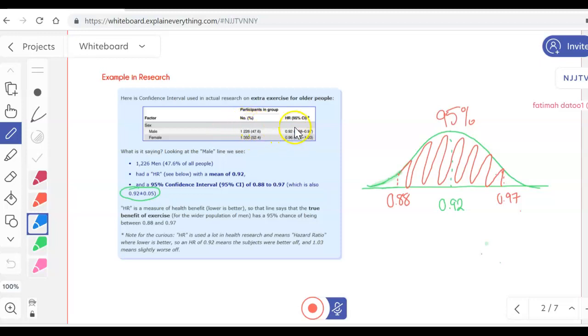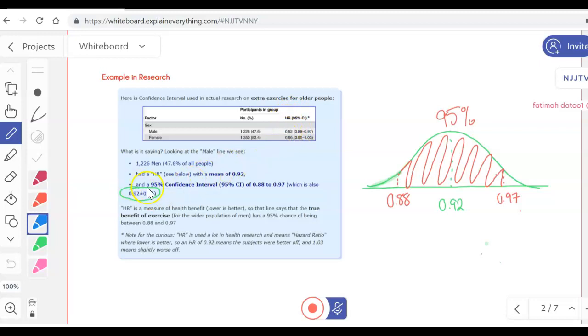They found that the average they got was 0.92. This is known as the hazard ratio, and the lower the hazard ratio, the better. If it's less than 1, so 0.92, that's actually pretty good. If it was 1 or higher, then they're more at risk for getting hurt. So with hazard ratio, the lower the number, the better.